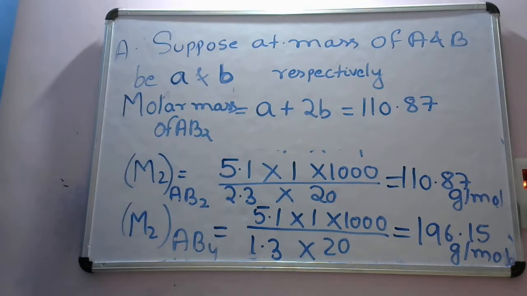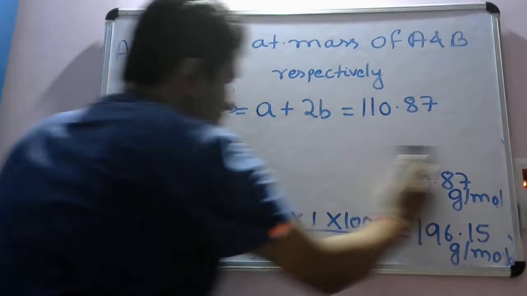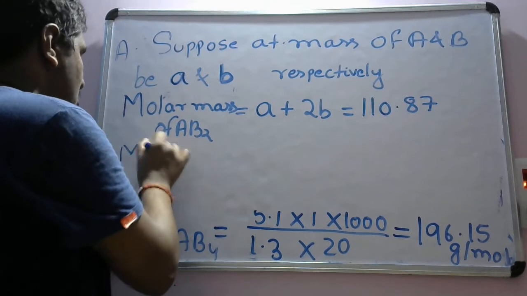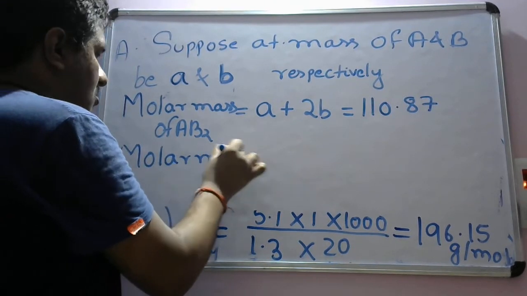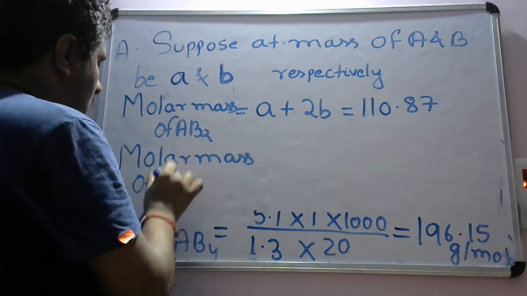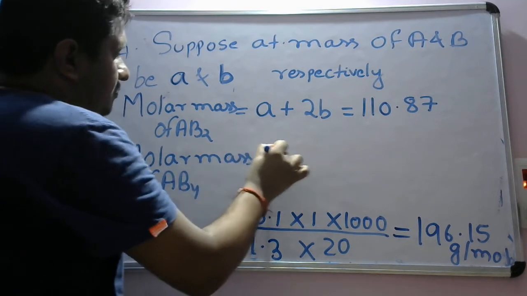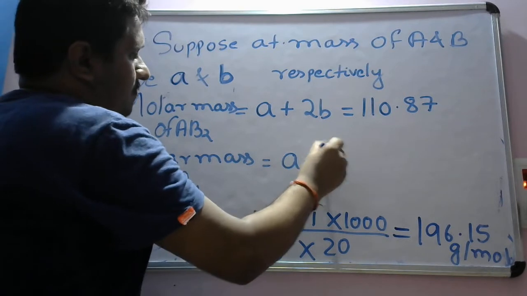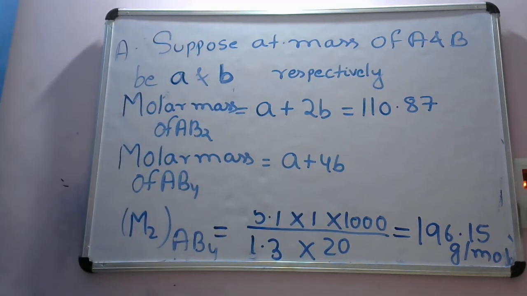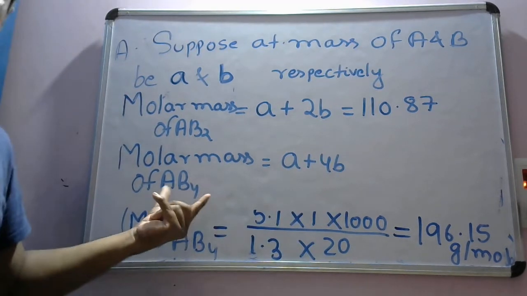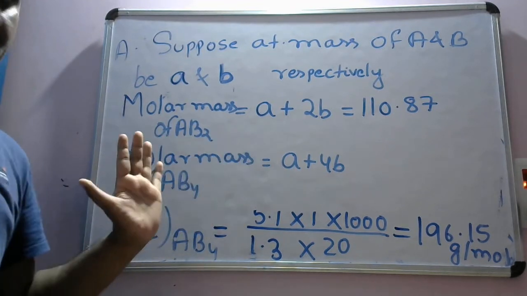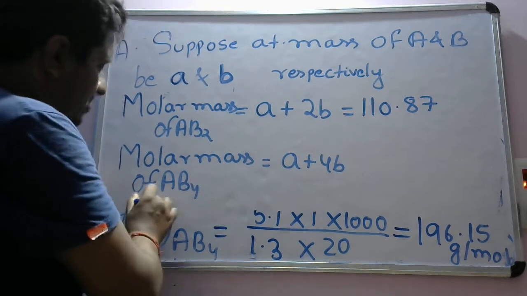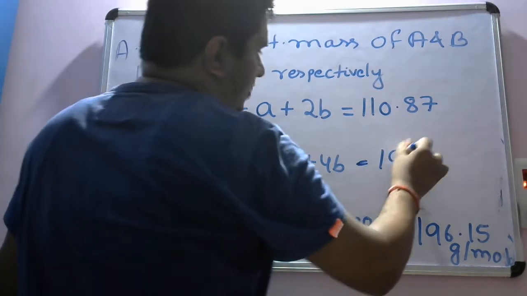Similarly, for the molar mass of AB4, the sum of atomic masses will be a plus 4 into b. This is the normal way we calculate molecular mass, the sum of atomic masses as per the formula. From the given values, we have calculated 196.15.